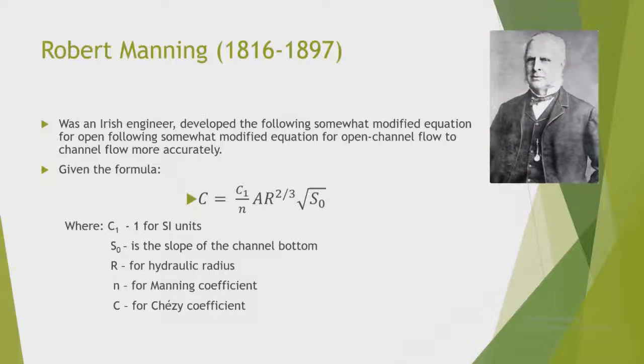Robert Manning continued the works of Antoine and made some improvements and made it more accurate, given the formula C equals C sub 1 over N times A multiplied by R raised to 2/3 times square root of S sub 0, where C sub 1 is 1 for SI units, S sub 0 is the slope of the channel bottom, R is the hydraulic radius, N is the Manning coefficient, and C is the Chézy coefficient.